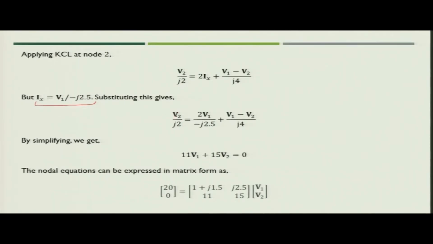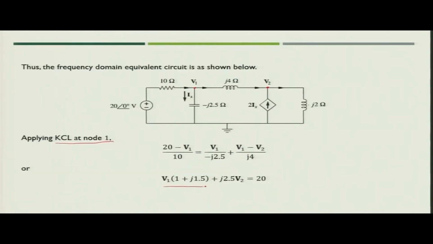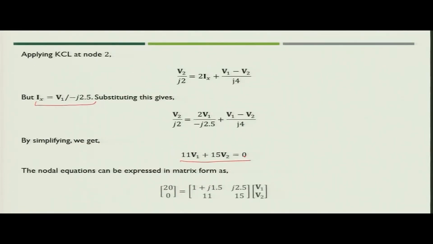So, we can write V2 upon j 2 equal to 2 times, in place of Ix, V1 upon minus j 2.5, plus (V1 minus V2) upon j 4. So, when you simplify it, you get the equation as 11 V1 plus 15 V2 equal to 0. So, the first equation from node 1 you get this one, and the second you get this one.